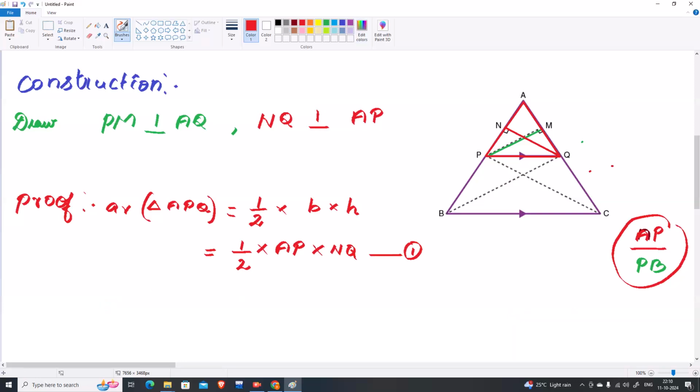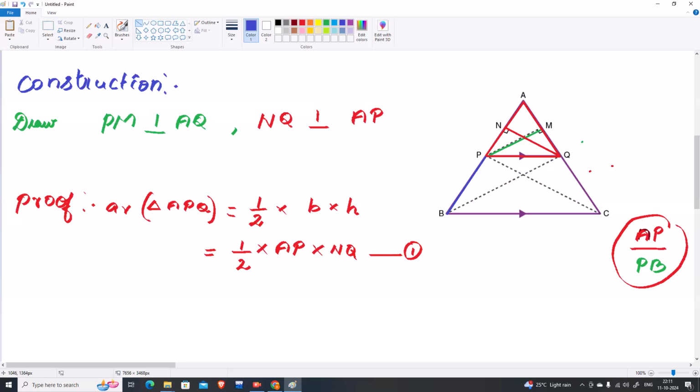Now the next one I need is PB. I'm giving the blue color. PB is available here. According to our target, AP and PB, PB is available, but I have to use the same height. Why do we need the same height?